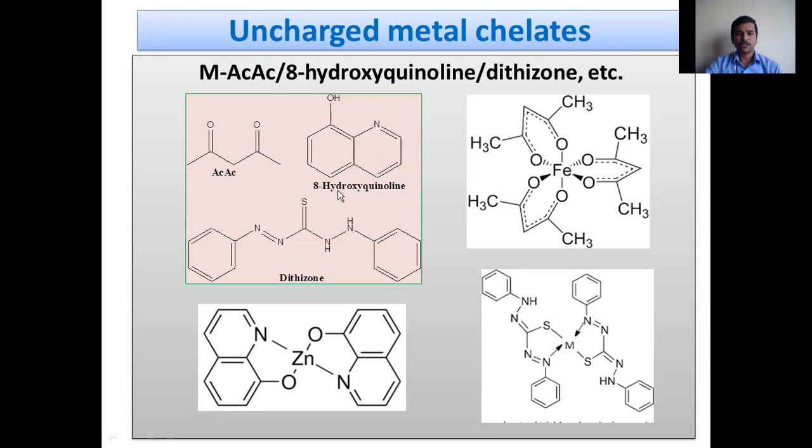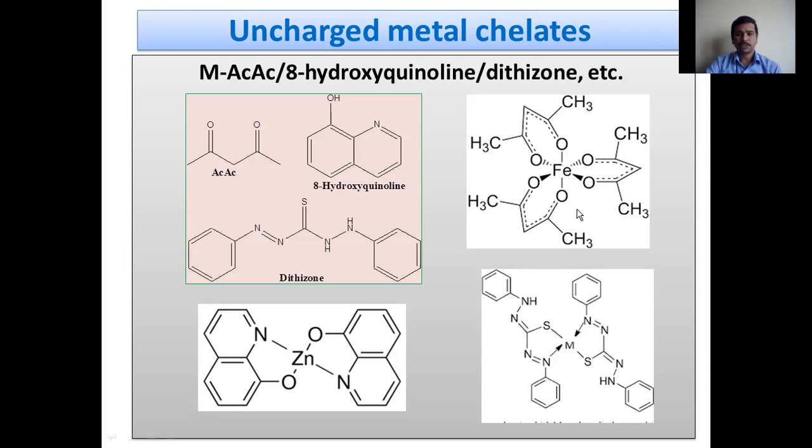These are selective reagents to complex metals such as iron, zinc, lead, bismuth, tellurium, palladium, cadmium, copper, etc. When you treat these hydrated metal complexes with such reagents, charge neutrality takes place, giving aqueous-insoluble and organic-soluble complexes. Therefore, these chelating agents are very important in forming uncharged metal chelates.